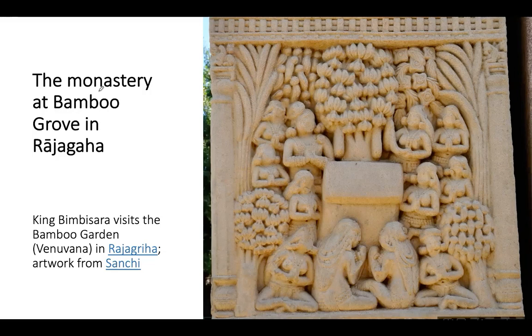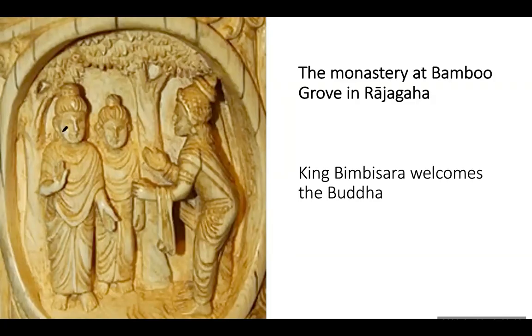King Bimbisara is known for his cultural achievements, and he was a great friend and protector of the Buddha. The monastery at Bamboo Grove was offered by the king of Magadha, Seniya Bimbisara. Here's the king, Bimbisara, welcoming the Buddha, and here's the Buddha and his disciples.